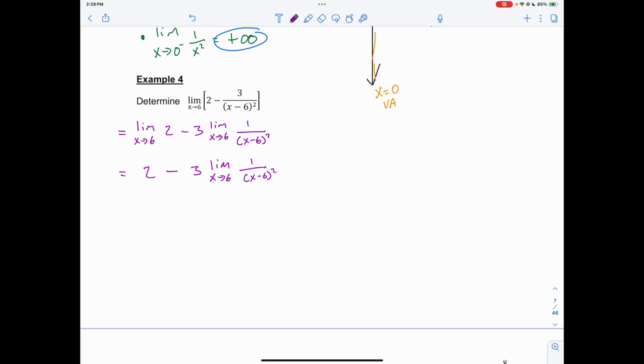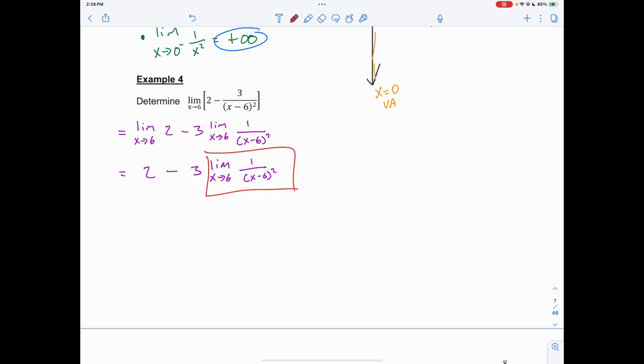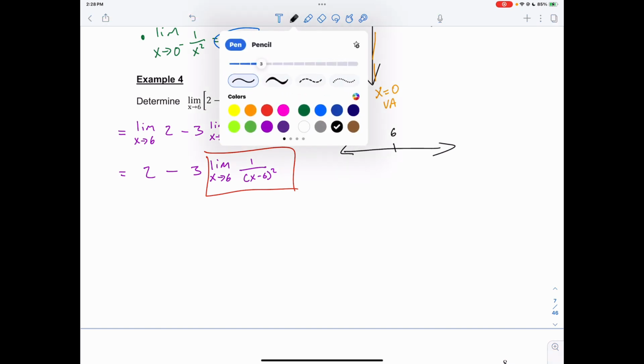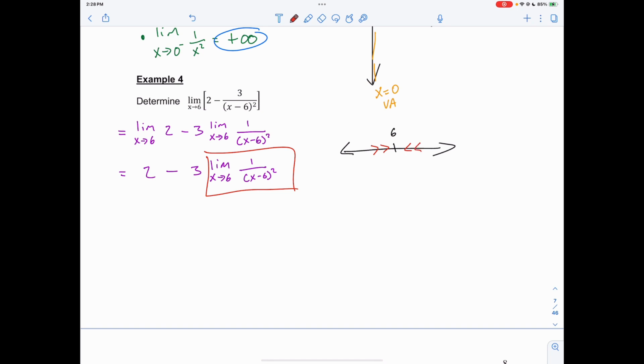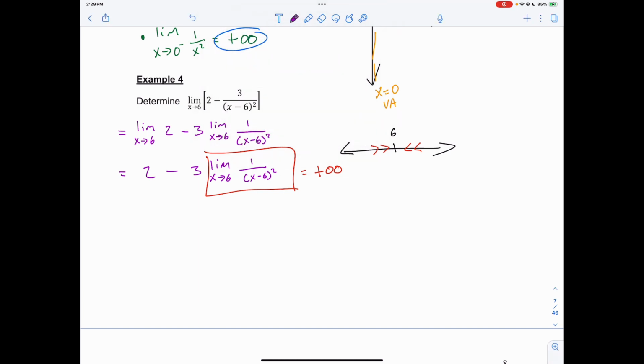And when I try and take the limit as x approaches 6 for 1 over (x minus 6) squared, whether I'm approaching from the left or I'm approaching from the right, we can see that this is approaching positive infinity, which means that 2 minus 3 times positive infinity would just be 2 minus infinity, which we could still just consider negative infinity.